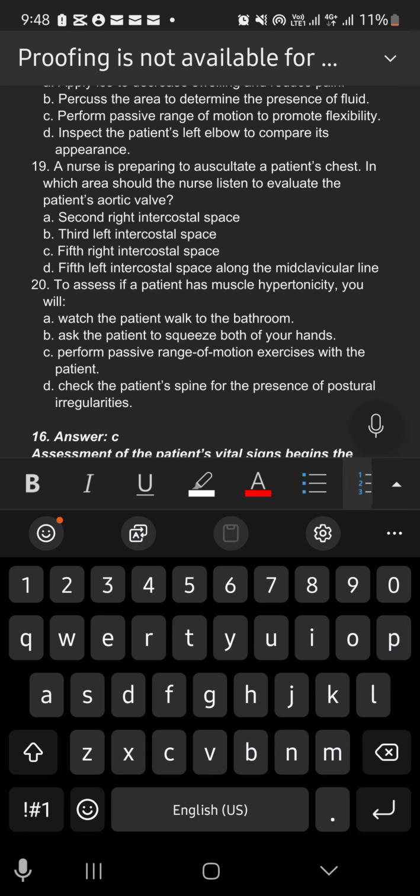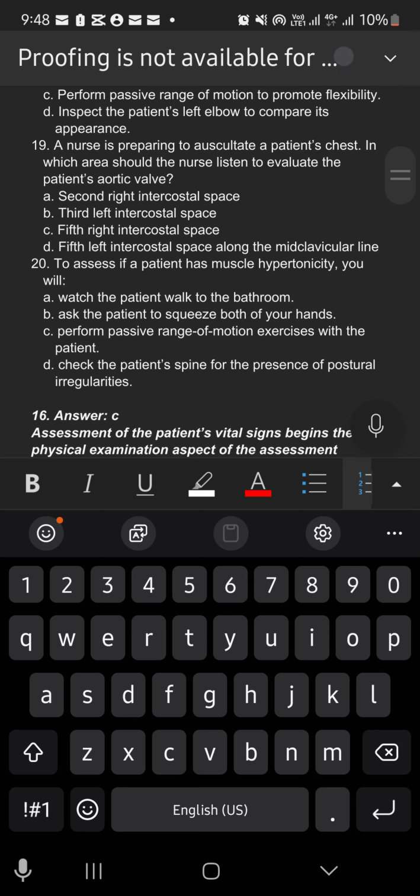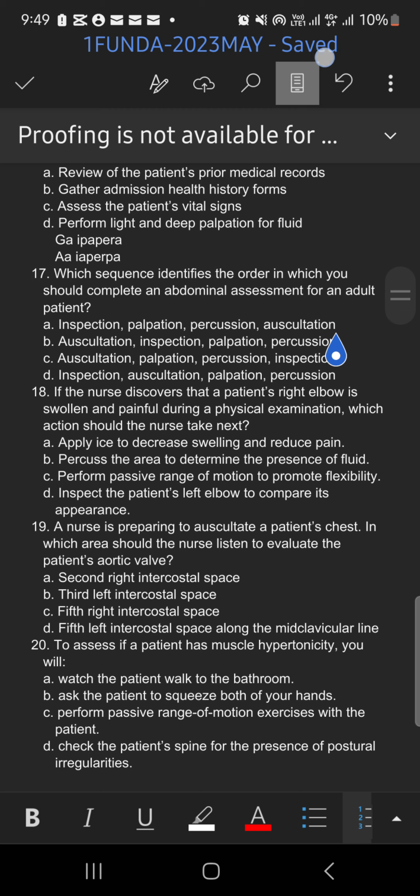To assess if a patient has muscle hypertonicity, you will... For you to understand the question, what does hypertonicity mean? Is it increased muscle movement? Now, hypertonicity is all about the stiffness of the muscle.